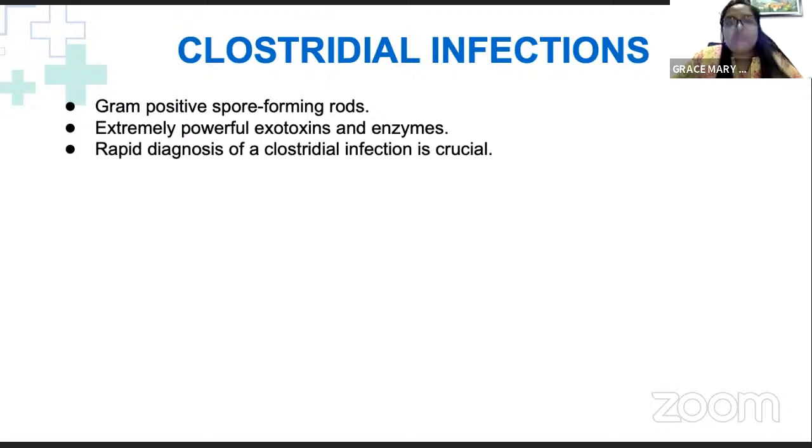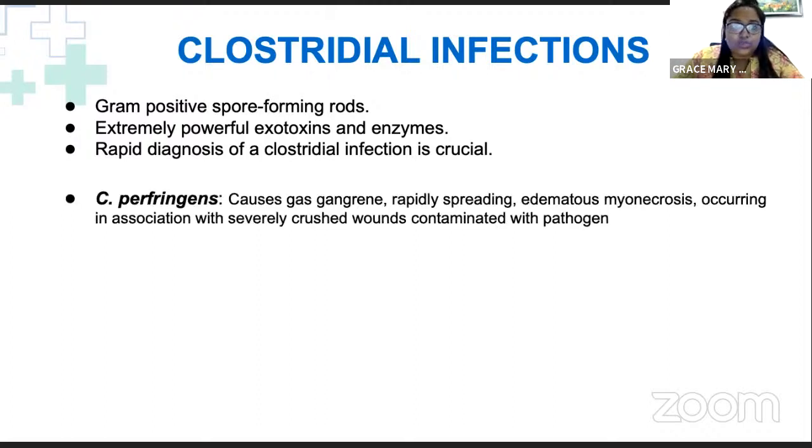Now, there are 4 major Clostridium species that we need to look into. The first one is Clostridium perfringens. This is the one that causes gas gangrene. It is rapidly spreading and causes myonecrosis, that means necrosis of the muscle, usually because of a penetrating trauma or a crushed wound contaminated by the pathogen.